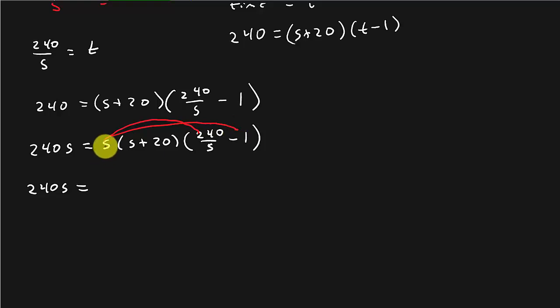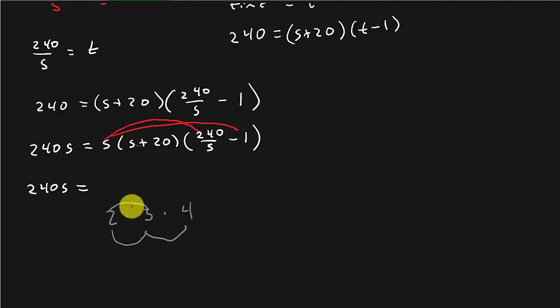Now keep in mind, when you multiply the S times this one, you don't multiply it times this one either. Look at it this way: let's pretend we've got 2 times 3 times 4. The 2 is like the S, the 3 is like the S plus 20, and the 4 is like the 240S minus 1. When you multiply this, you do 2 times 3 is 6, times 4 is 24.